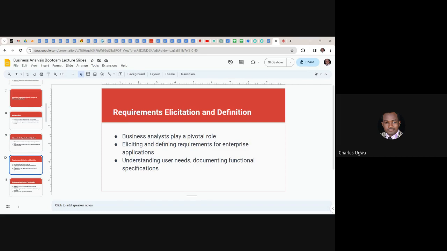You need to understand it. You need to write, document this requirement. You need to do the analysis. After the analysis, you need to make recommendation.